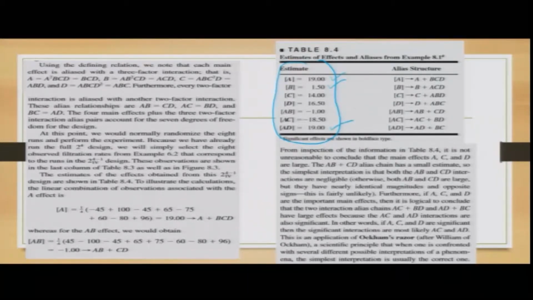And the alias structure, which is given, basically means A has a combination of the effect of A separately and B, C, D taken separately. If I consider the effect of B, it is basically the effect of B separately and A, C, D separately. So, what you are trying to do is factor them in such a way that if it is only for A, it signifies 2 levels of effects.